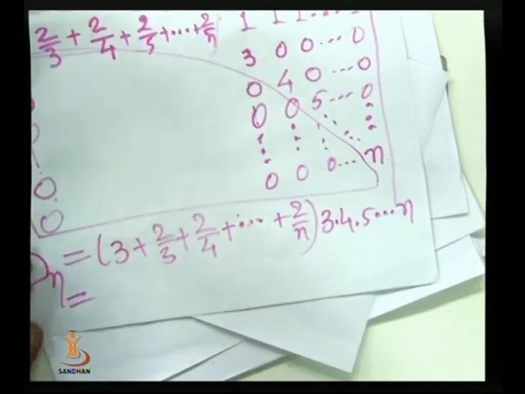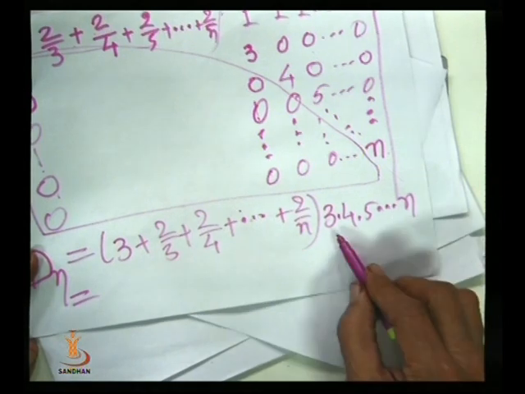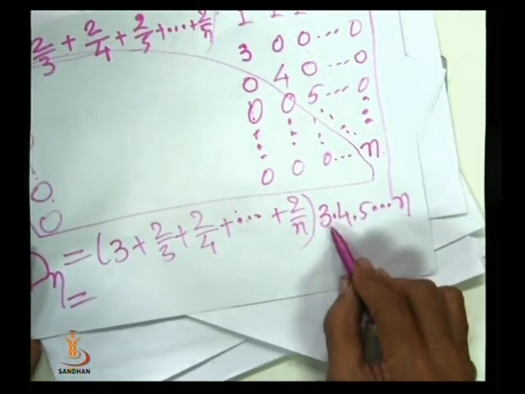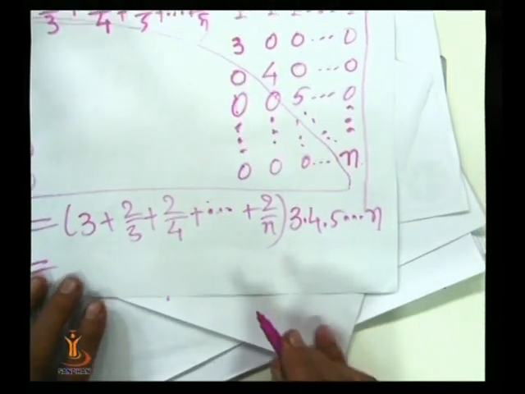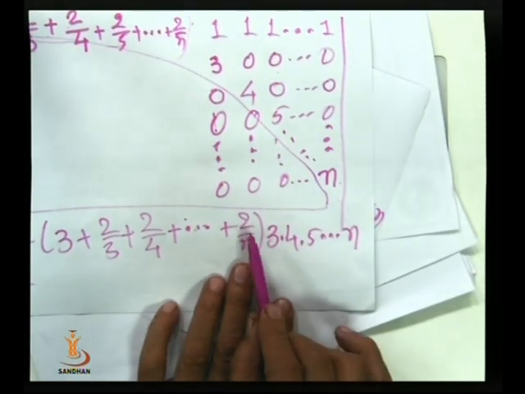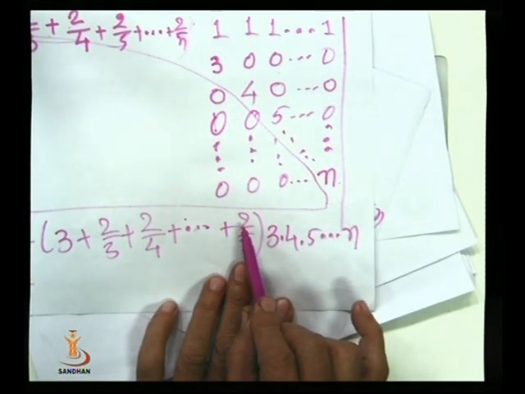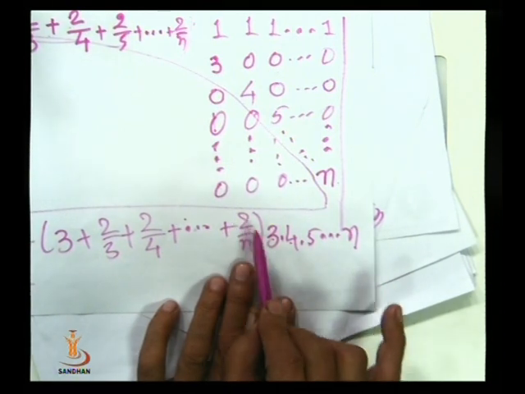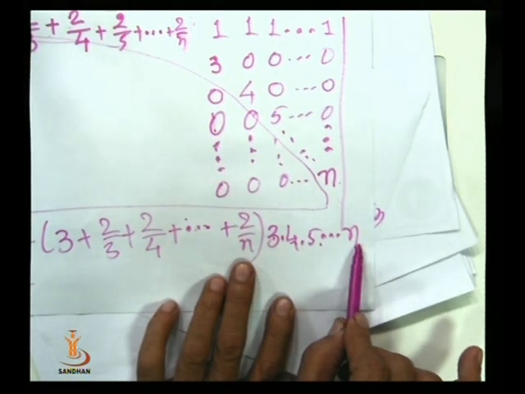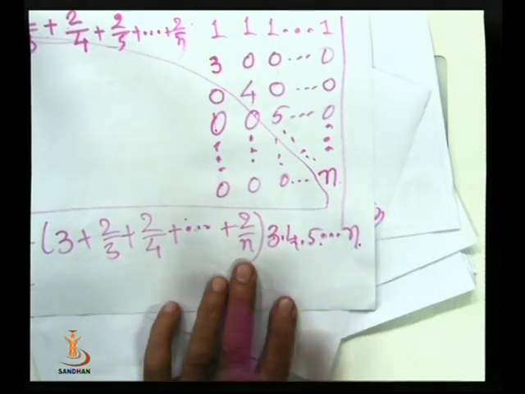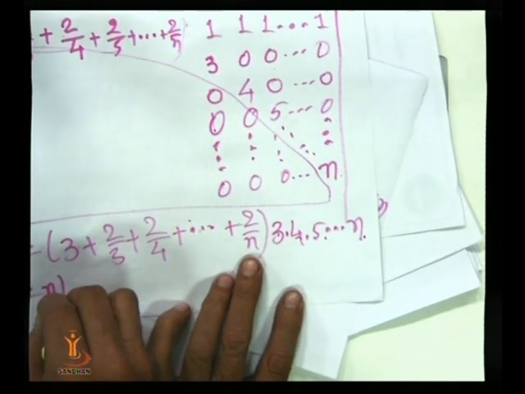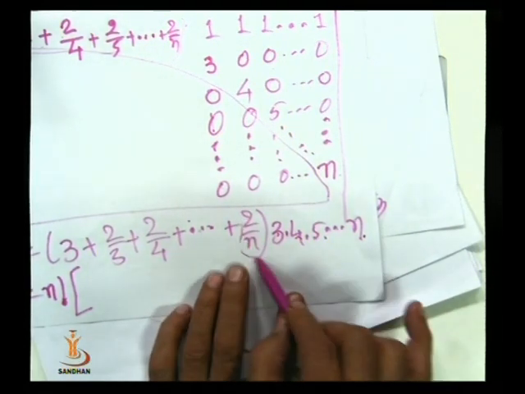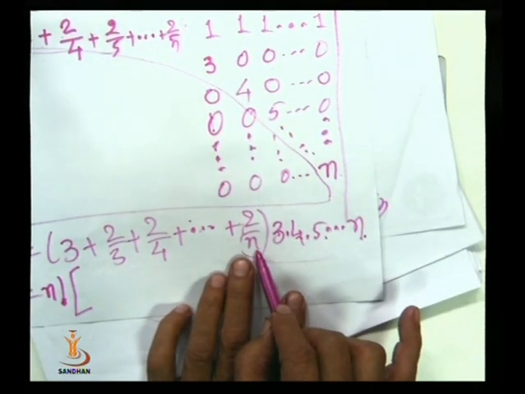Now here 3, 4, 5, n. If I multiply each term, then you get 2, 3, 4, 5, n. 1 you can write. So it is 1, 2, 3, 4, 5, n. So the numerator is n factorial. So if I take n factorial common, this is n factorial upon n.